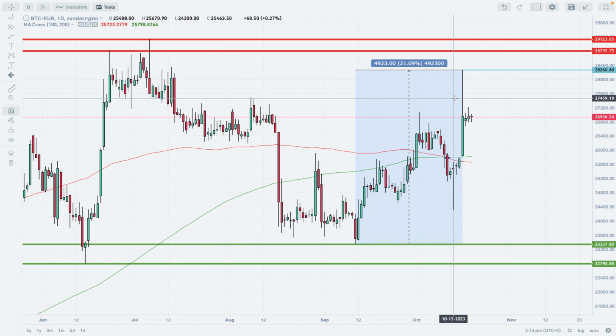So the odds for the market going lower from the current levels are higher than for the market going up towards the swing high and then breaking out for another rally. So this is the situation on the daily time frame chart of the Bitcoin to the euro at the Zondacrypto exchange.